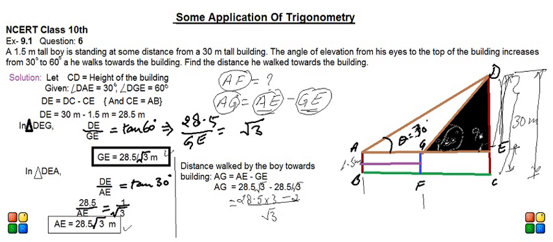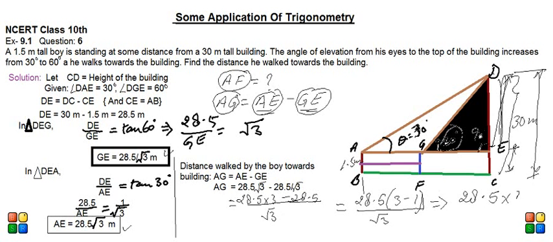So this is 28.5 in this part. Now, 28.5 is common, so to make the calculation easy, taking 28.5 common, the remaining part is 3 minus 1 with root 3 in the denominator. Simplifying, we get 28.5 into 2 divided by root 3. 28.5 times 2 is 57, and in the denominator we have root 3.